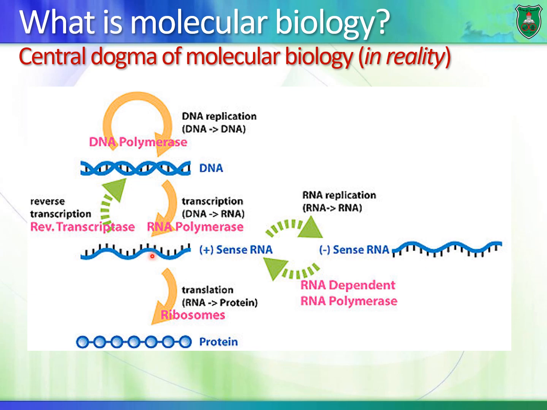So you have an RNA template that is used to make an RNA molecule as well, a complementary copy of it, in a process known as RNA replication. This is the process that coronavirus uses. The coronavirus genetic material is RNA, and it makes RNA copies of its RNA molecule.